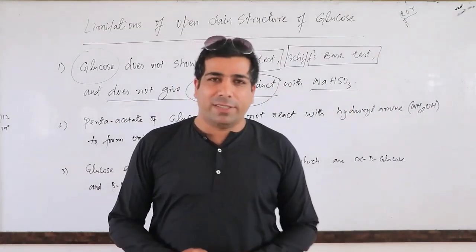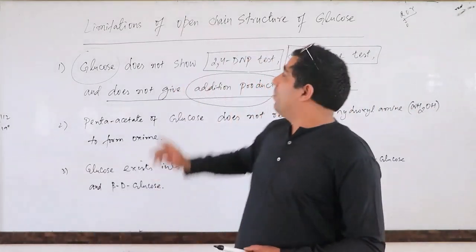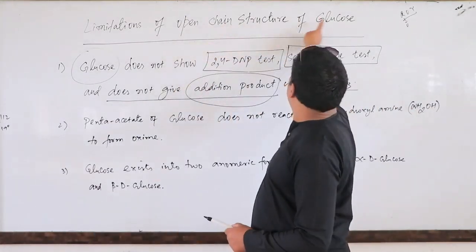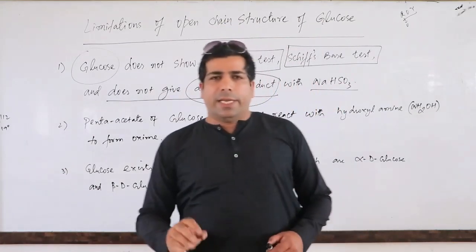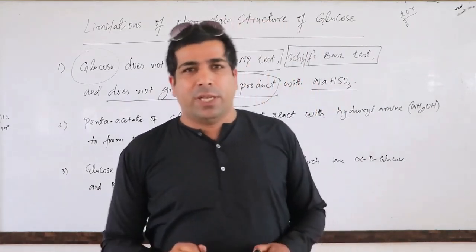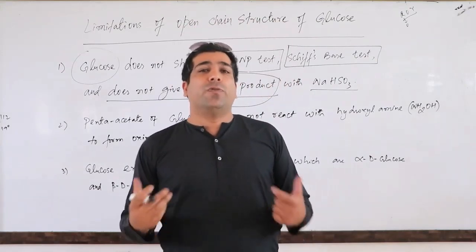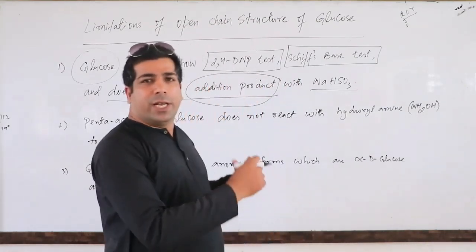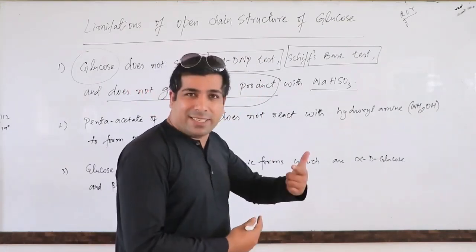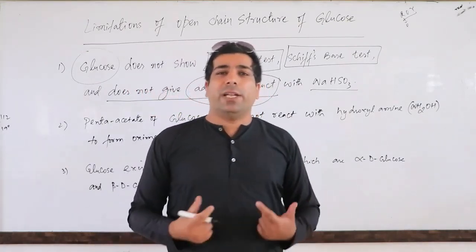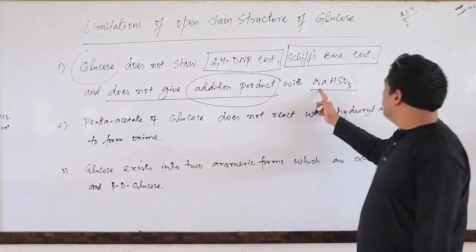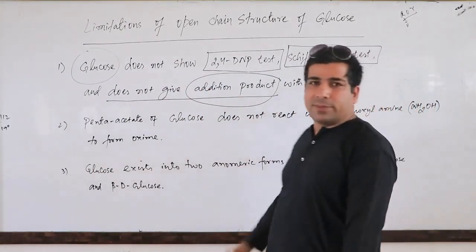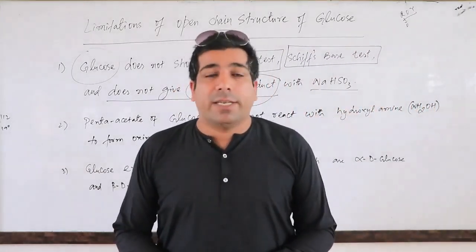So my dear friends, the open chain structure of glucose has a free aldehyde group. It should react with 2,4-dinitrophenylhydrazine, give the Schiff's base test, and interact with sodium bisulfite. But it doesn't react.